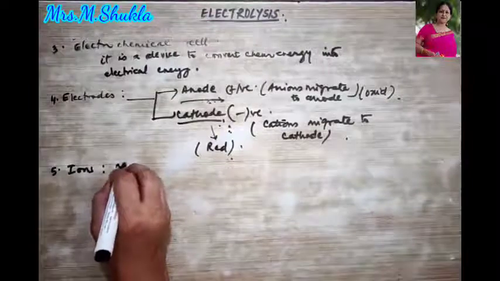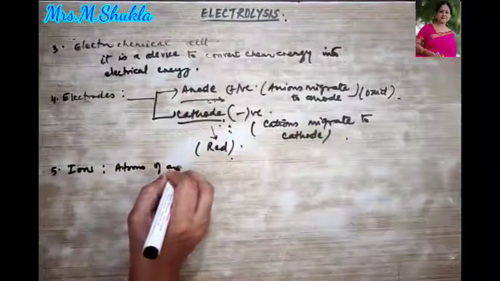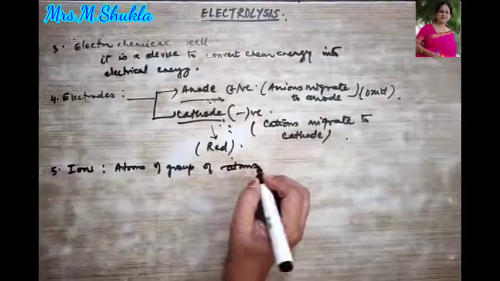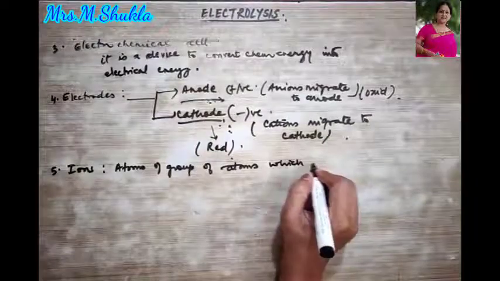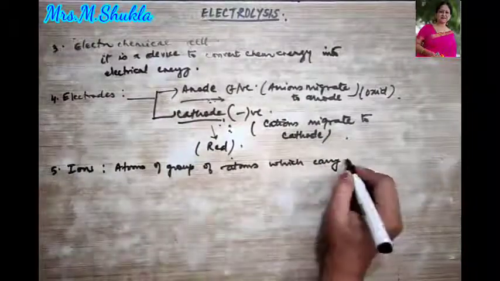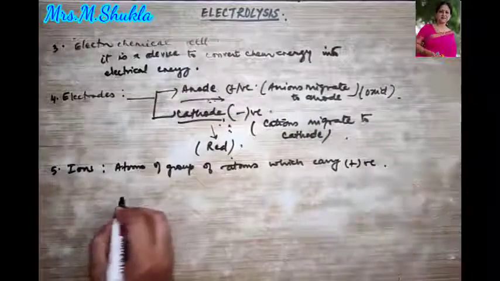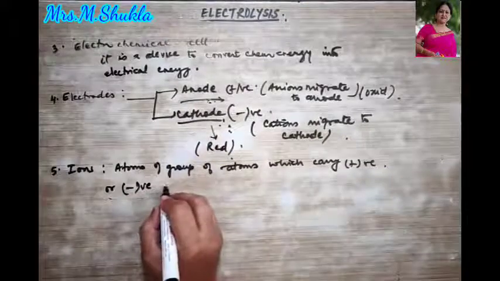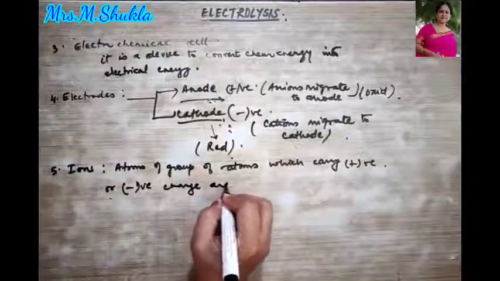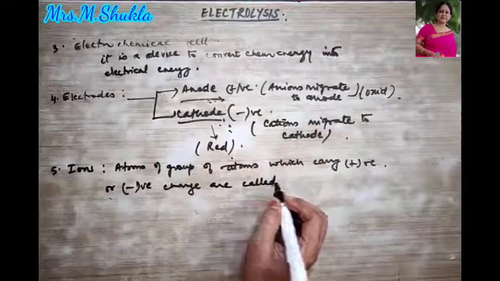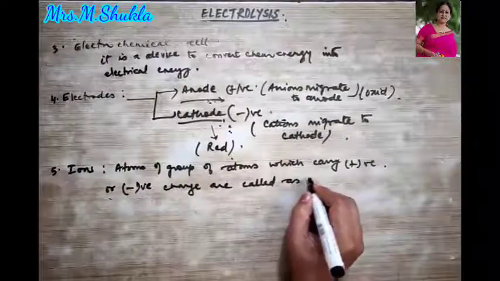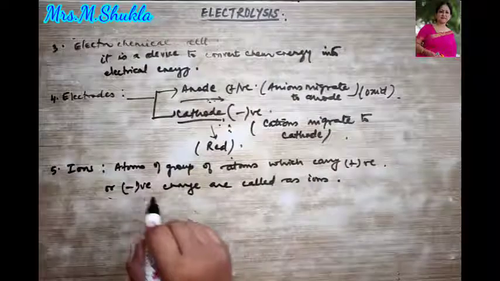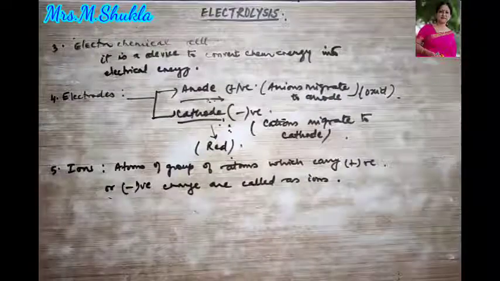So atoms or groups of atoms which carry positive or negative charge are called ions.